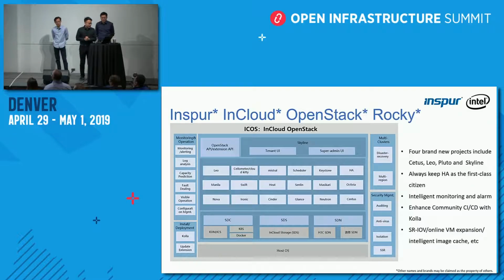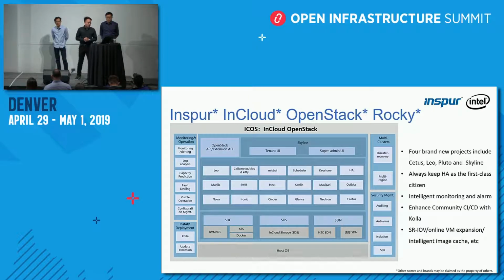Here is the whole architecture of our software solution, and to meet our customers' needs, we continuously optimize OpenStack around all three H. First, we keep HA always as the first-class citizen, and we introduce Masakari into our cloud solution, which is based on the Rocky version. We also carried out plenty of regression and destructive tests under all conditions to find out the weaknesses of OpenStack.